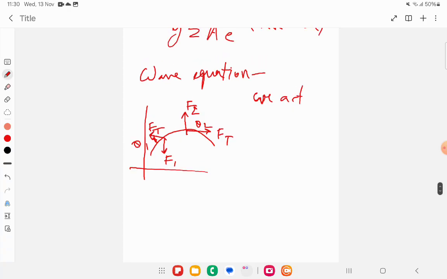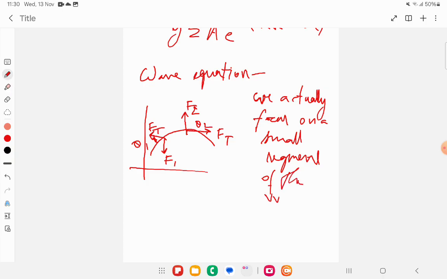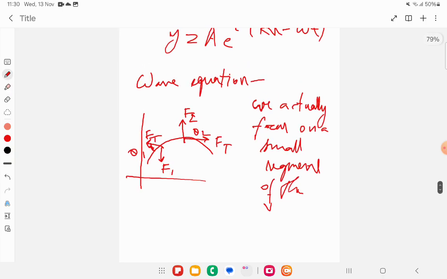We focus on a small segment of the vibrating string.